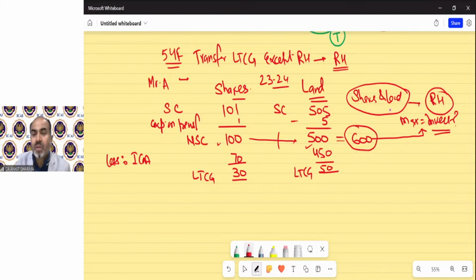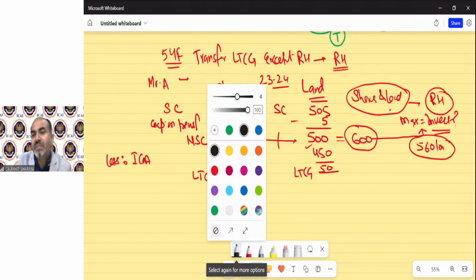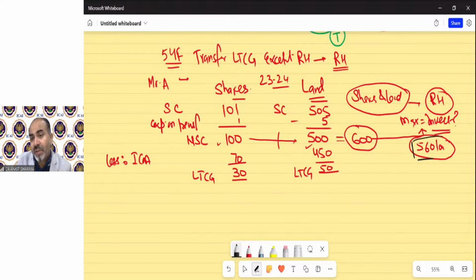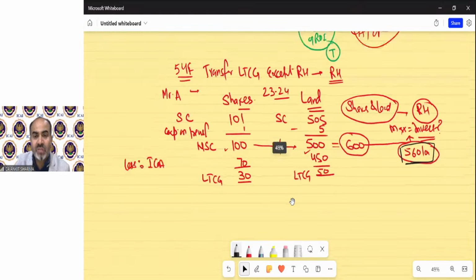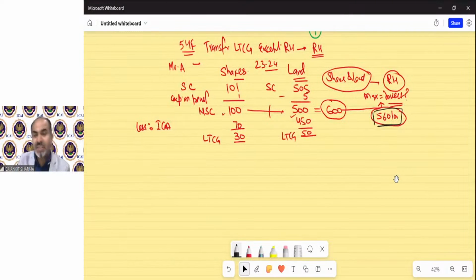Now suppose he purchased by investing 560 lakh rupees. He invested and purchased a new residential house for rupees 560 lakh. So he could invest 600, but in examination, whenever there is a section 54F question, and there are multiple assets sold, and the investment has been made in a residential house, they are not going to invest the full value. The examiner will always restrict the investment lower than this total consideration.